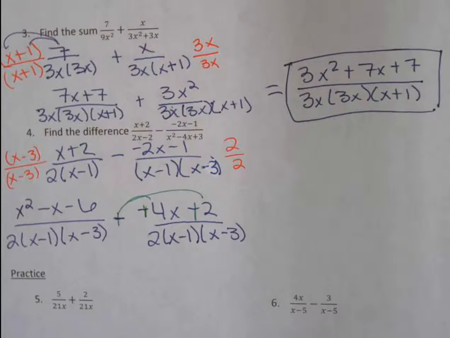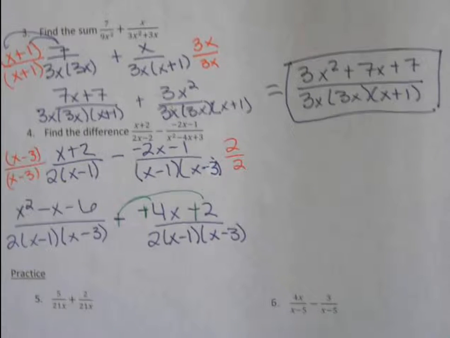Positive x and negative 2. So it's going to be negative 6. I was confused about where you were getting that before.